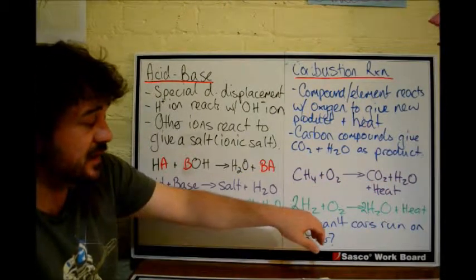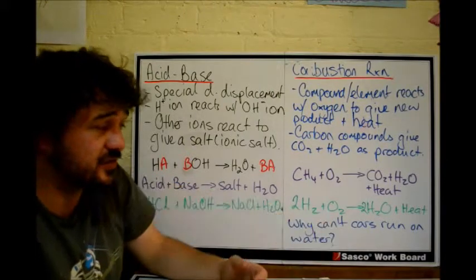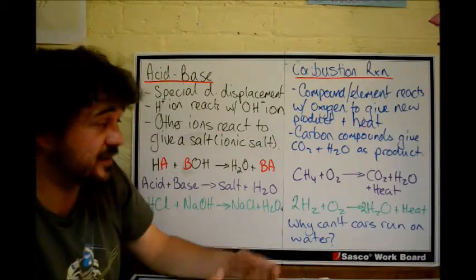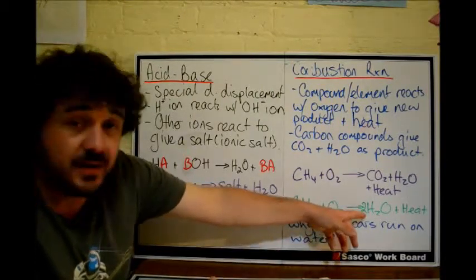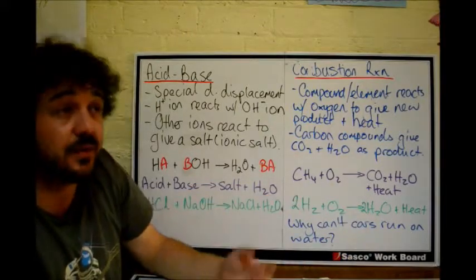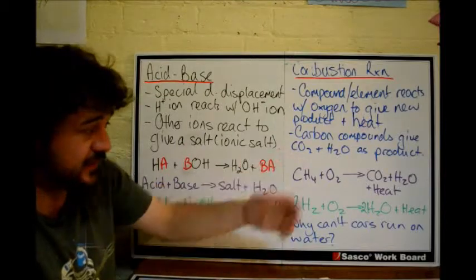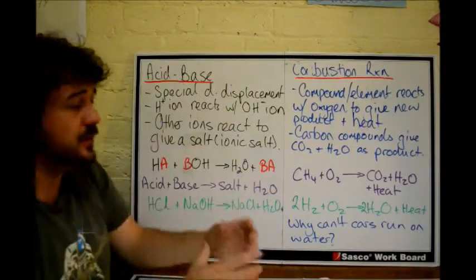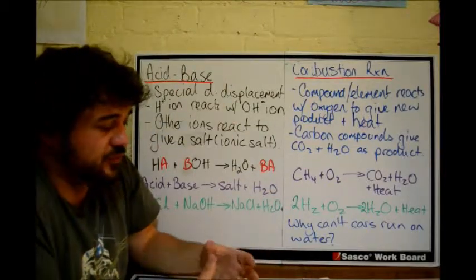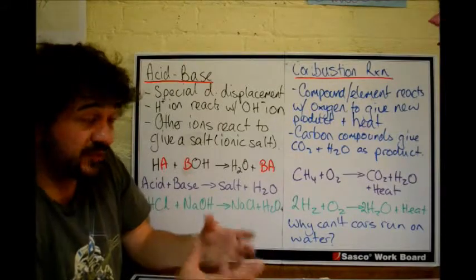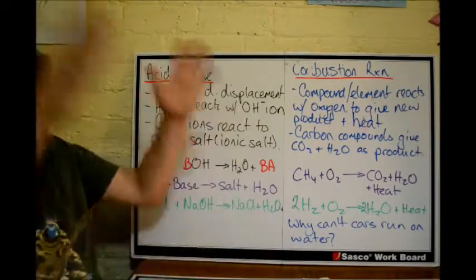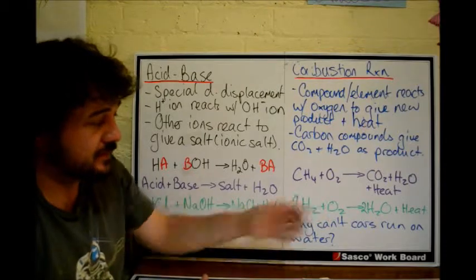Now, here's hydrogen gas being added to oxygen. Okay, so it's being combusted in oxygen. This gives us water plus heat. Now, you'll see this if you light hydrogen gas in the atmosphere, it will explode, and that is you producing essentially water vapor, but it's a steam, so it goes up into the air, and heat.